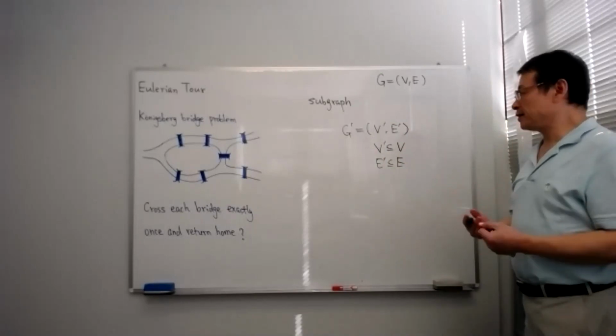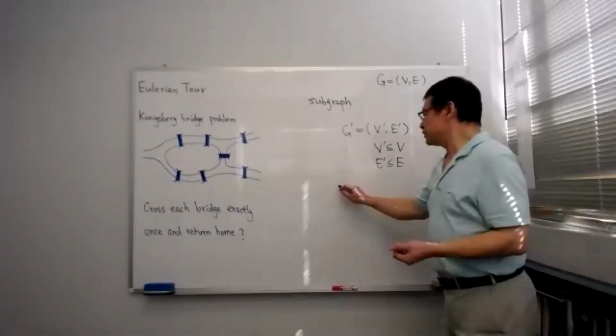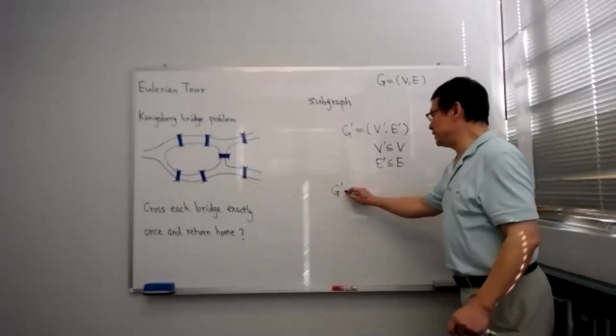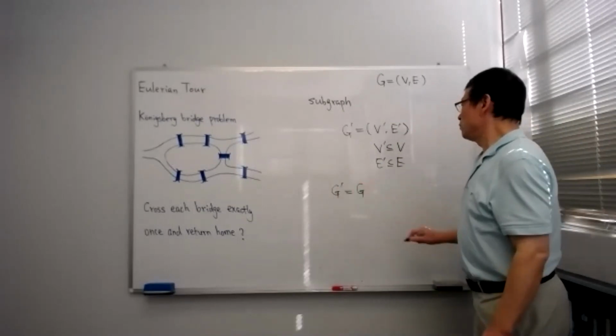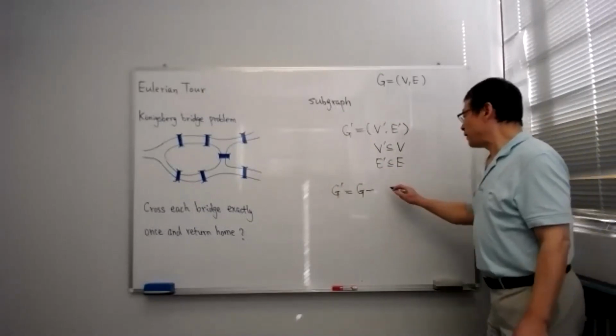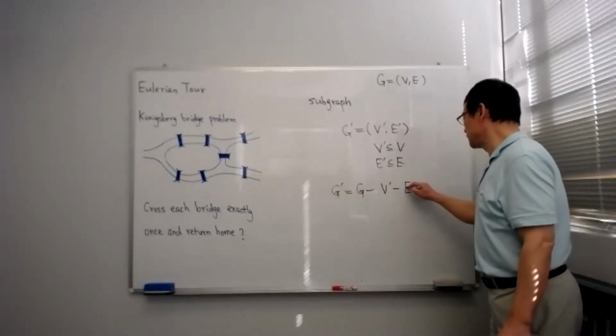Obtaining a subgraph is actually the same as deleting vertices and edges. So this is the same as what is obtained from G by deleting edges and vertices, by deleting these vertices and also these edges.